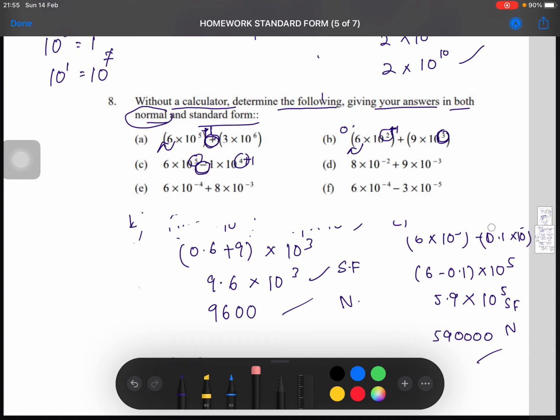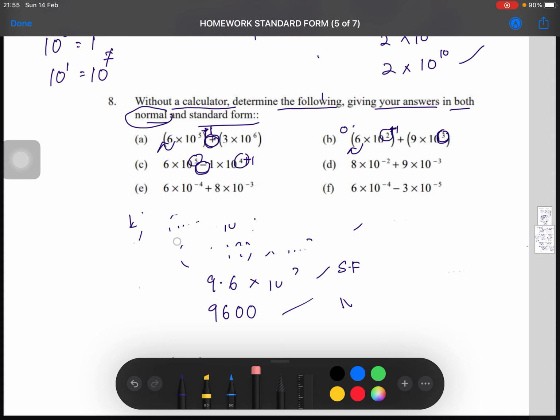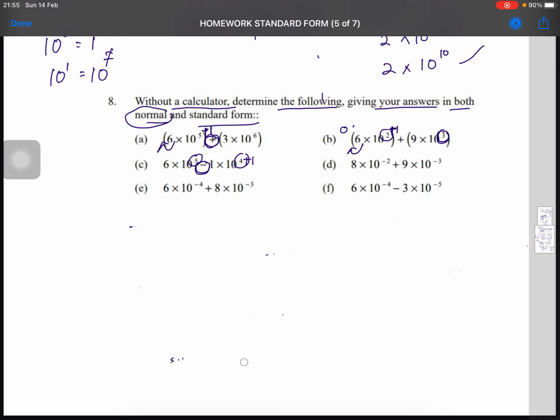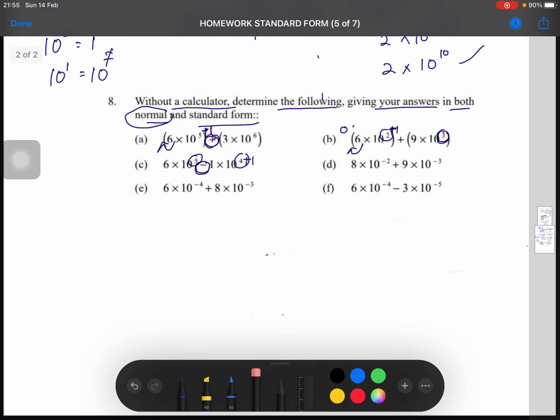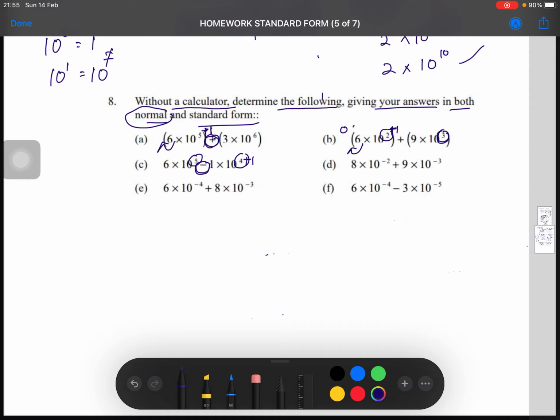D, we have the last 3 questions. Okay, D, same also. Involving addition, I want to choose negative 2. That means we must plus 1, right?